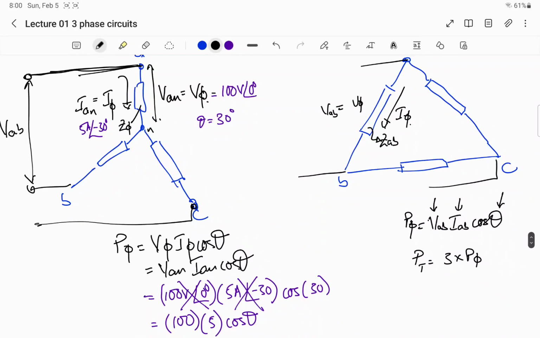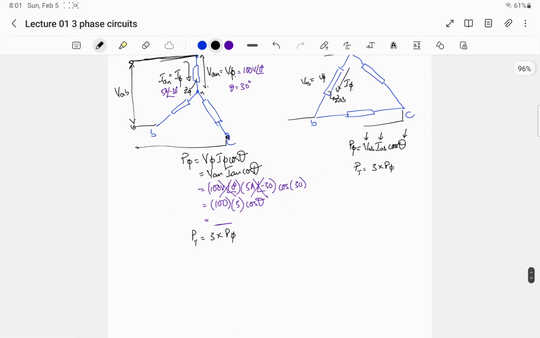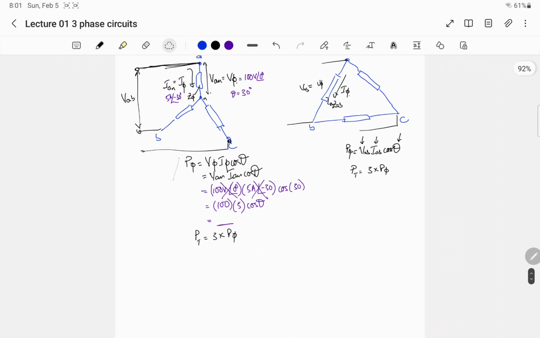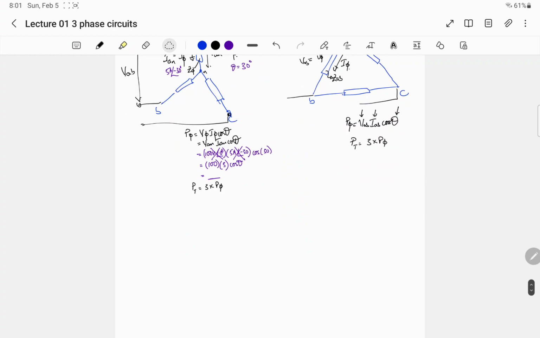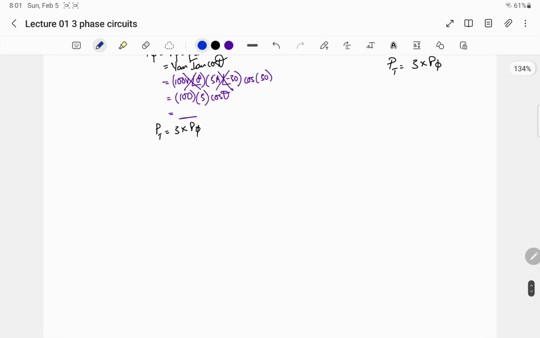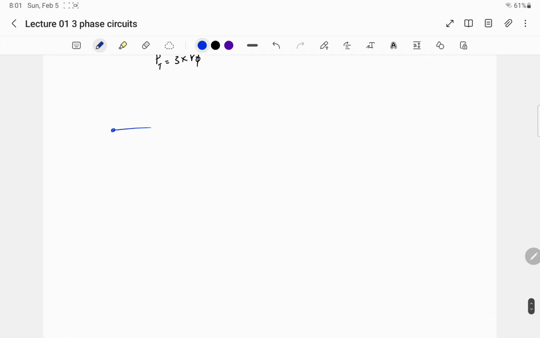The second case is related to by using a unified formula, and let me make some space. Let's look at this, and this you can calculate like this. Now let's again look at our loads. For example, this is our Y load. This is A, B, and C, and from here we can see these are the line.